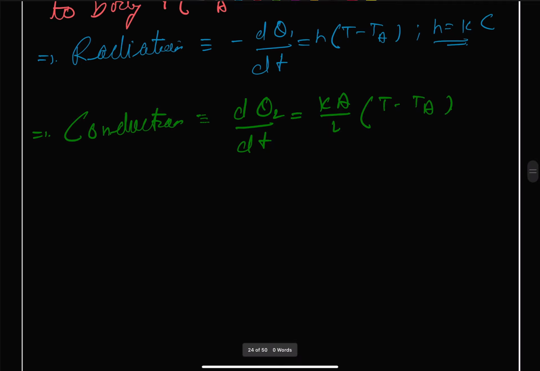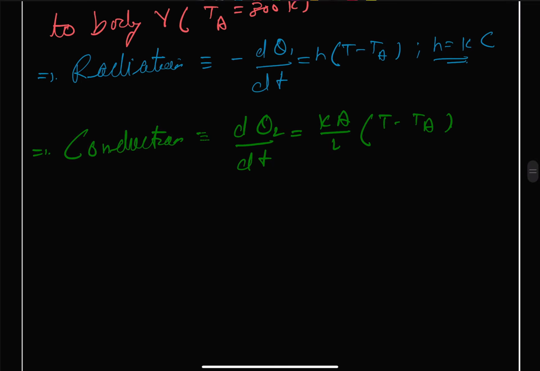We know the general formula dQ by dt is equal to C times the rate of change of temperature.